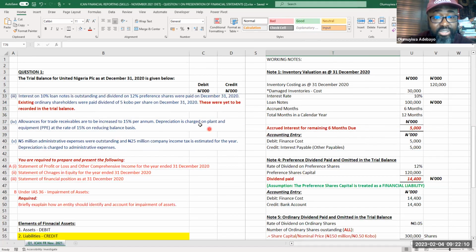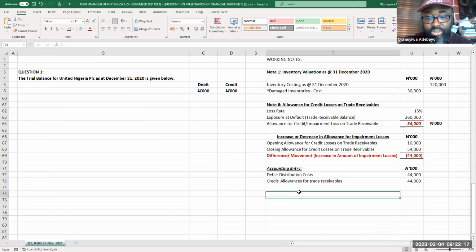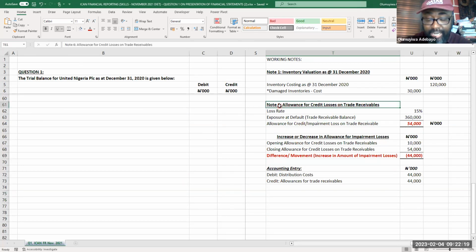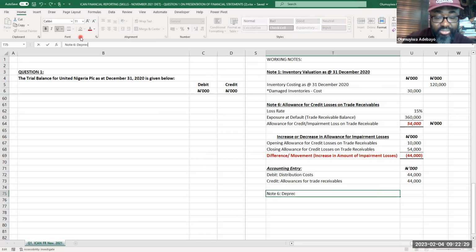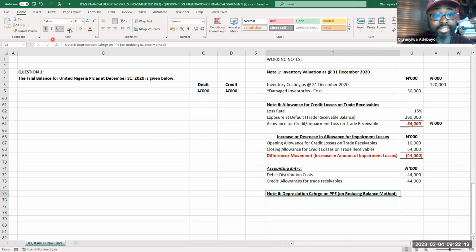Before the last session, depreciation is charged on plant and machinery at a rate of 15% of reducing balance. I believe we know the difference between the reducing balance and the straight line method, but we'll see it here again. Note 7. Depreciation charge on PPE on reducing balance method.